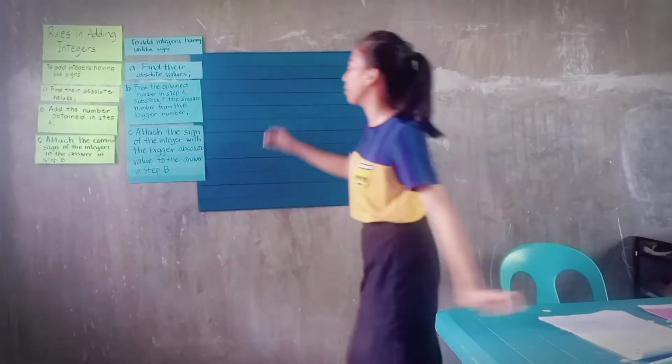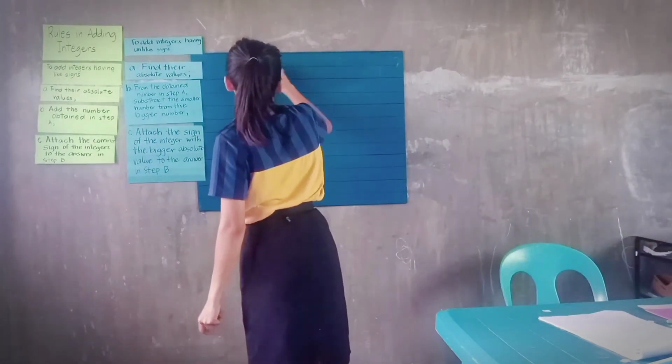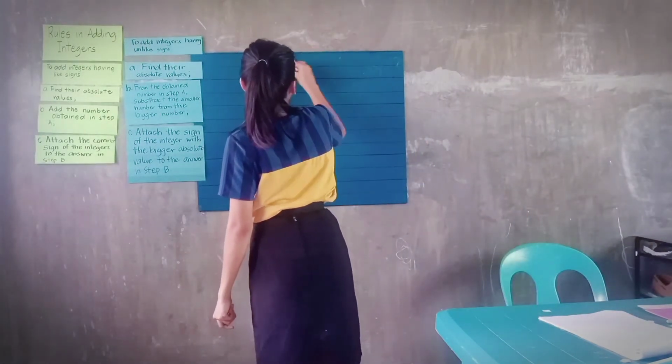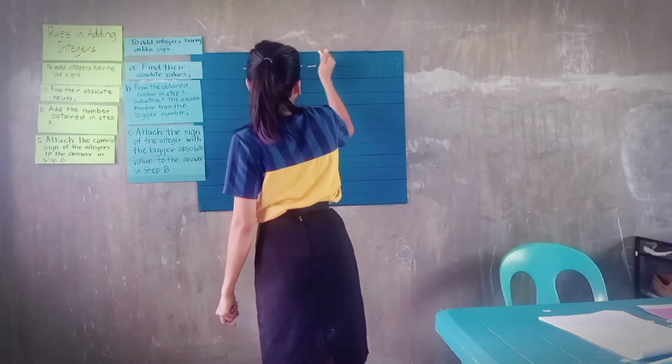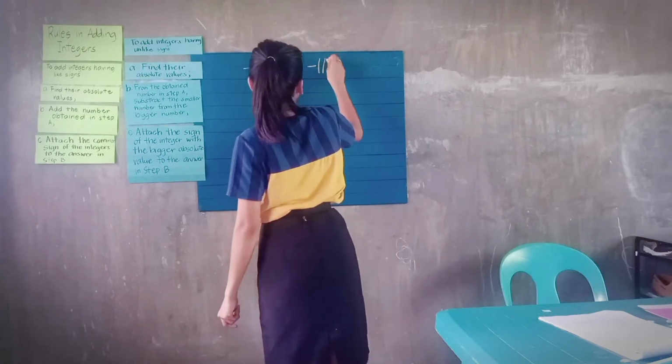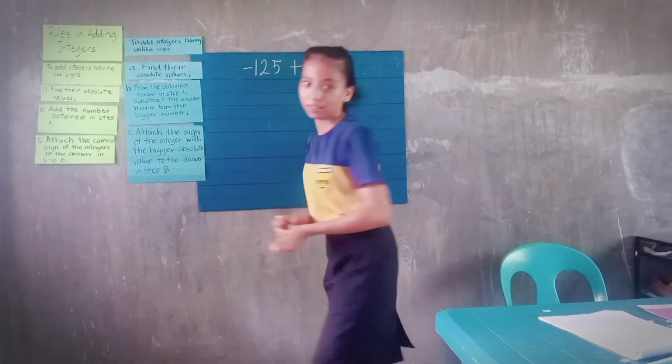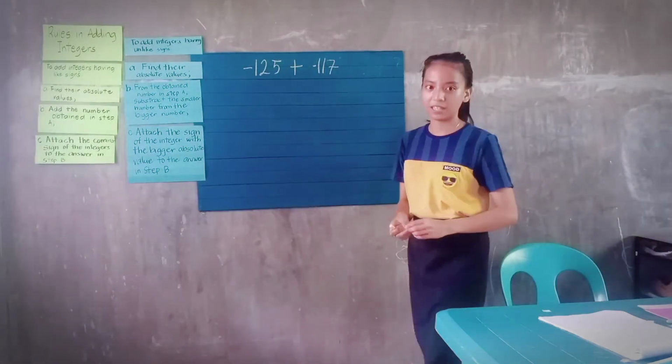Here's an example. Negative 125 plus positive 117.